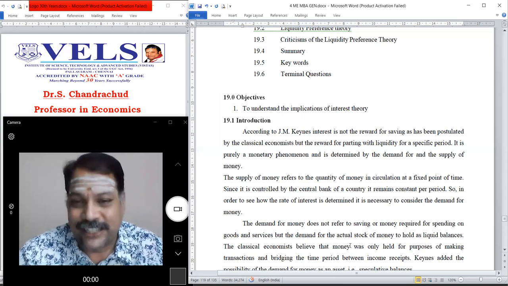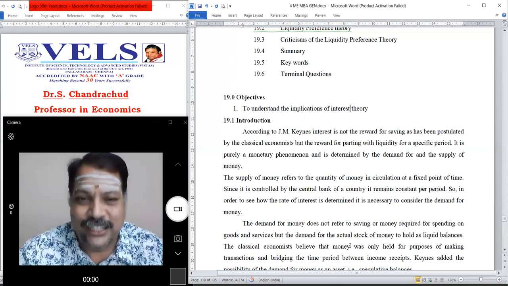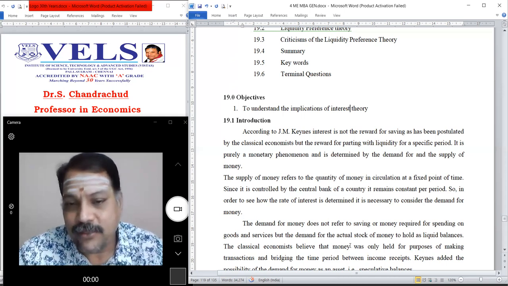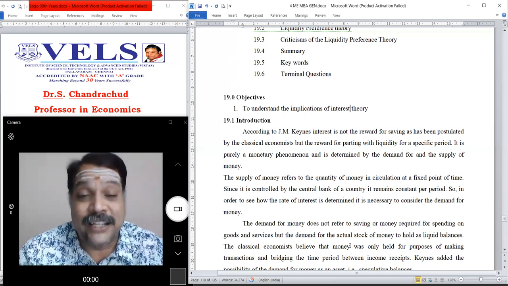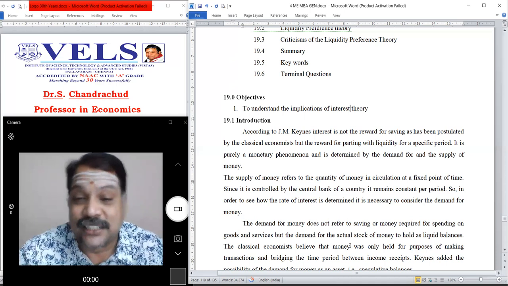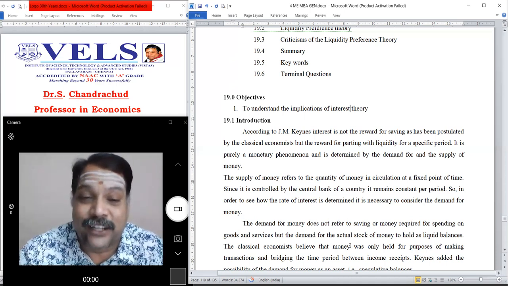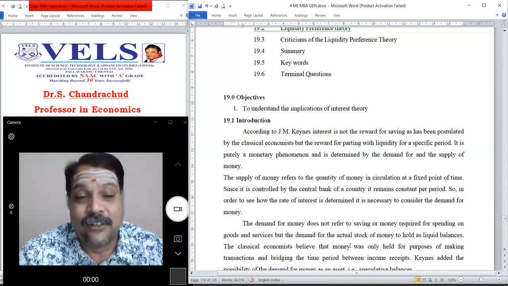So both sides are there. The supply of money refers to the quantity of money in circulation at a fixed point of time. Since it is controlled by the central bank of the country, it remains constant in the particular period.